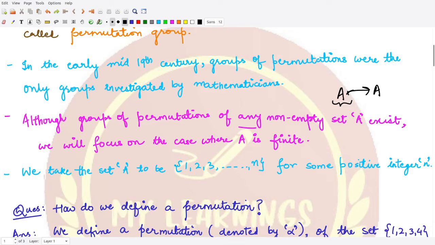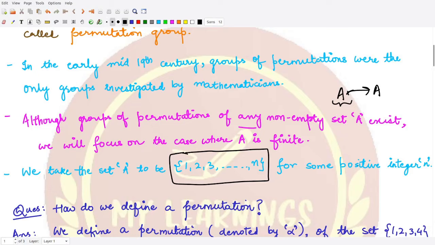Using this particular case of A, we'll be performing the calculations in this course for group theory. So we take A to be the set consisting of all the natural numbers from 1 to n, where n is some positive integer.